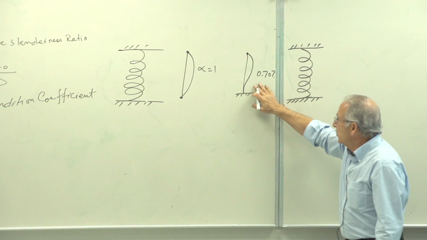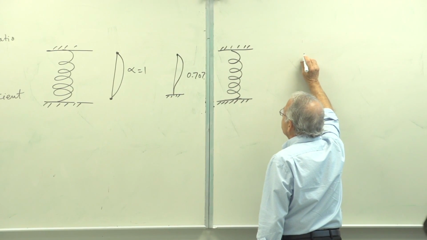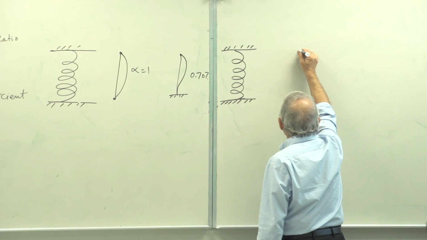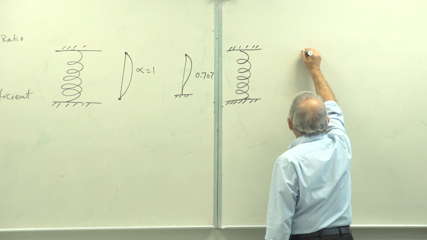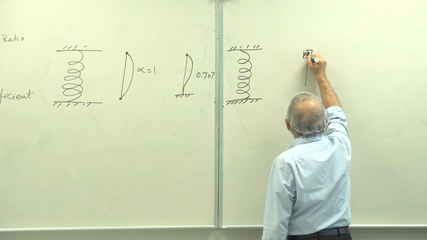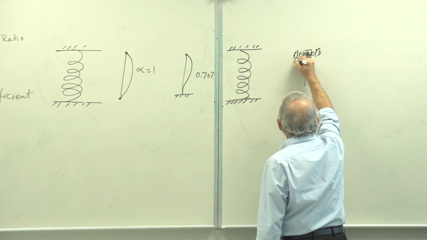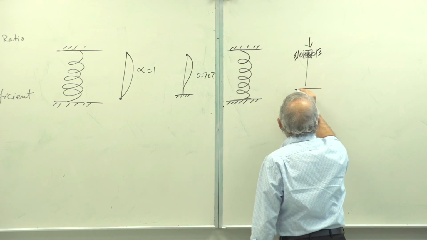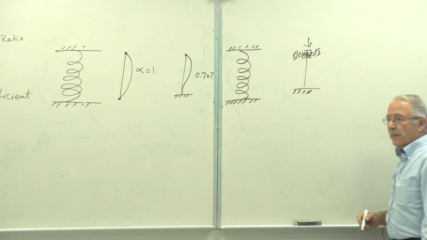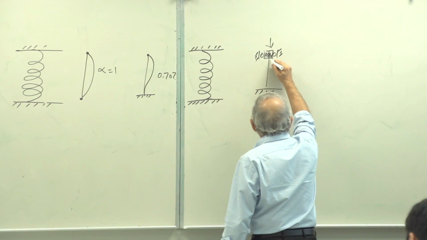For this, it's 0.707. For fixed-fixed, the buckled shape of the column will look like this.